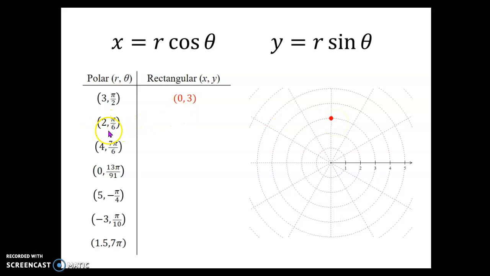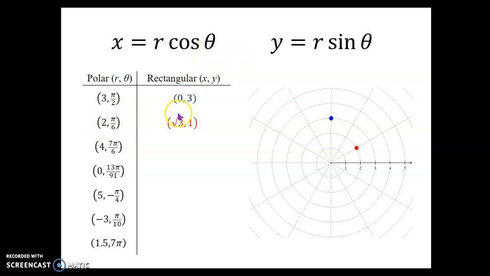Okay, let's try the point 2, pi over 6. The angle or direction pi over 6 would be this way. It would be equivalent to 30 degrees. And r is 2, so we go 2 spaces away from the pole in that direction. That would be this point right here. The x coordinate would be 2 times the cosine of pi over 6.